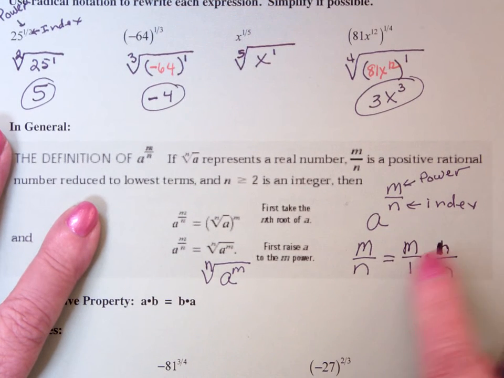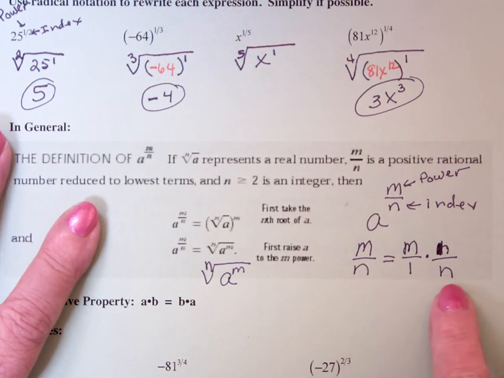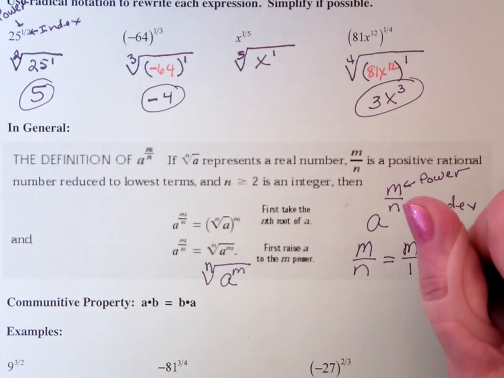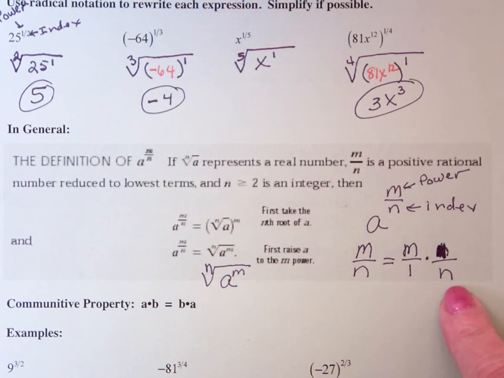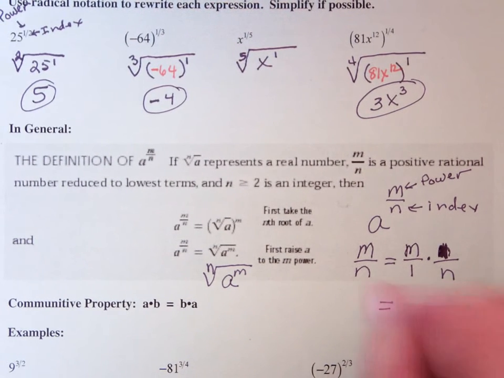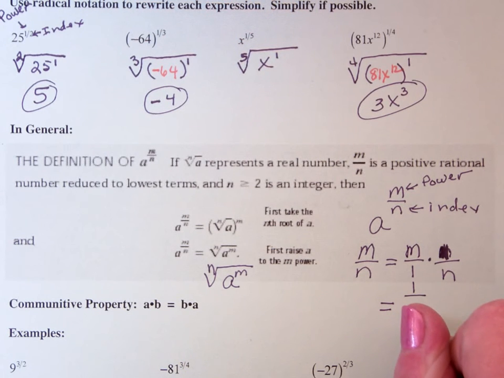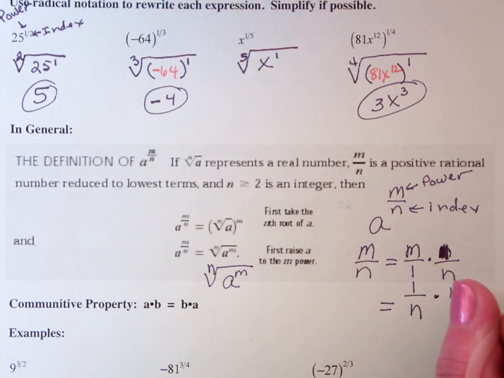Because m times 1 is m, and 1 times n is n. The commutative property of our number system says you can actually reverse this. This is the same as 1 over n times m over 1.